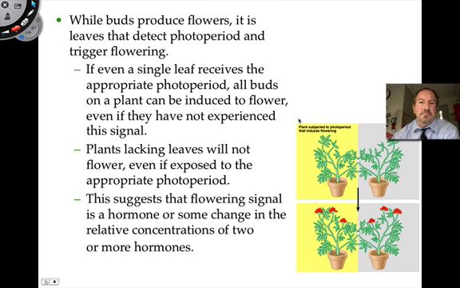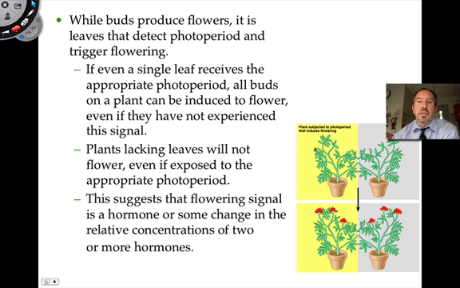And then finally, one of the things that's interesting about this is that flowering involves a bud becoming from a vegetative bud to a flowering bud, but what's actually picking up the light are the leaves. Those phytochromes are present in the leaf.